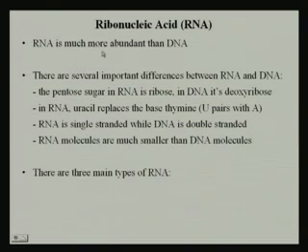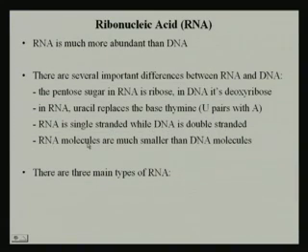Coming to ribonucleic acid or the RNA. RNA is more abundant than DNA. There are several important differences between RNA and DNA. The pentose sugar in RNA is ribose, and in case of DNA it is deoxyribose. In RNA, uracil replaces the base thymine, that means U pairs with A. RNA is single stranded while DNA is double stranded.